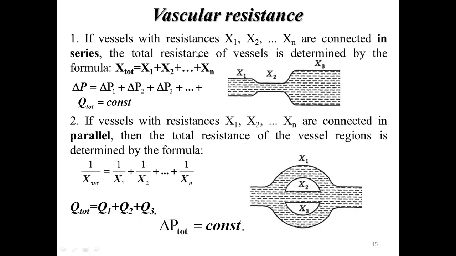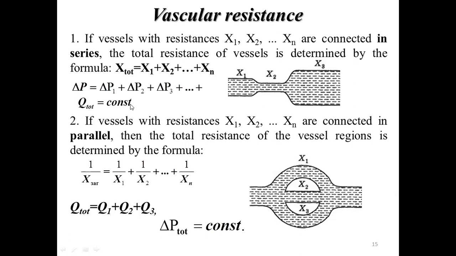So, if our vessels with resistance x1, x2, xn are connected in series, then the total resistance we can find as the sum of all resistances for each part of such a system. The same we have for pressure gradient. Total pressure gradient represents the sum of the pressure gradient in each part. But volumetric velocity, according to the equation of jet continuity in such a system, remains constant.